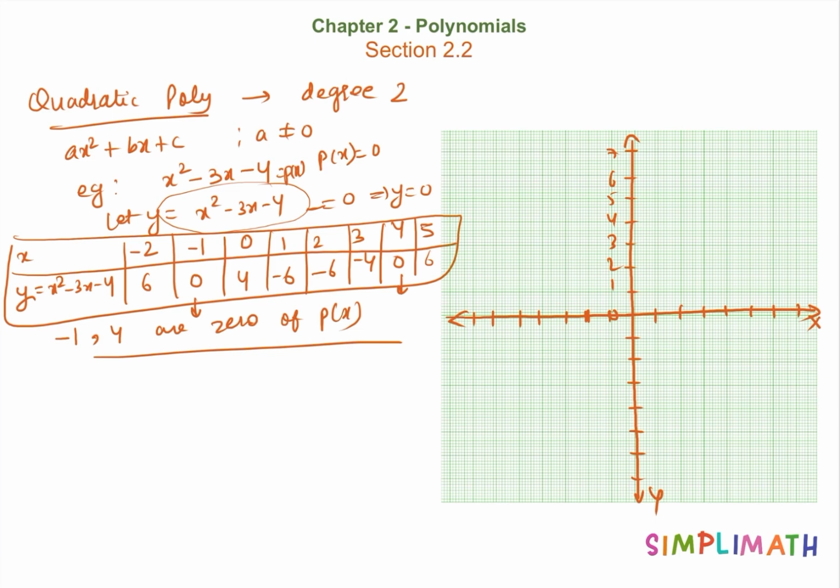Now when we have x equals minus 2, we have y equals 6. When we have x equals minus 1, we have y equals 0. When we have x equals 0, we have y equals minus 4. So here this point is. When we have x equals 1, we have y equals minus 6.